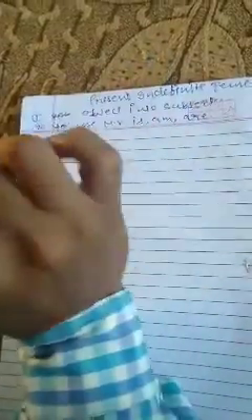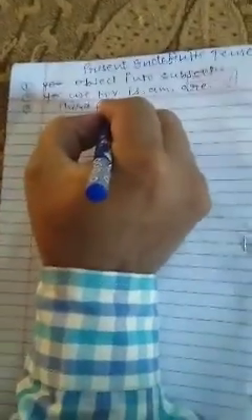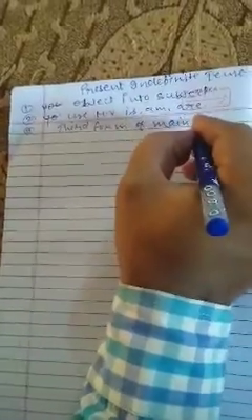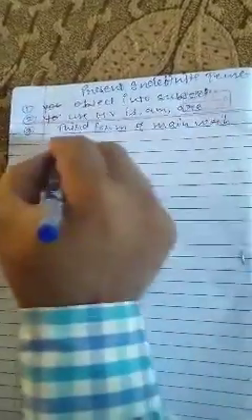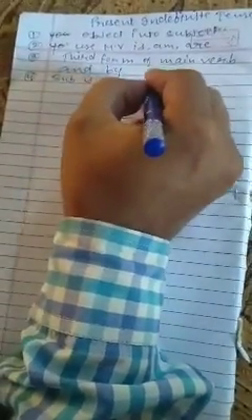And the third rule is you have to use the third form of the main verb and by. The third form of the main verb and by. The fourth rule is the subject is changed into object.